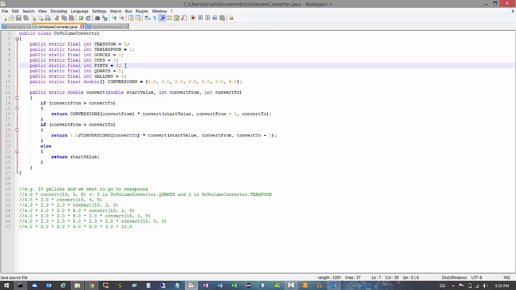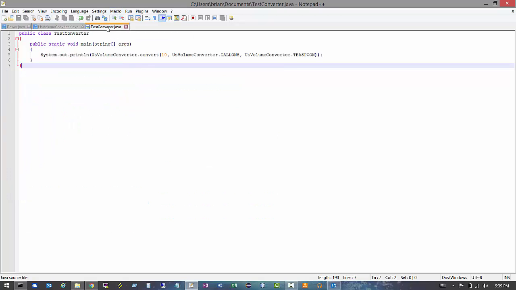Play with it, download it from the site, play with making your own test converters.